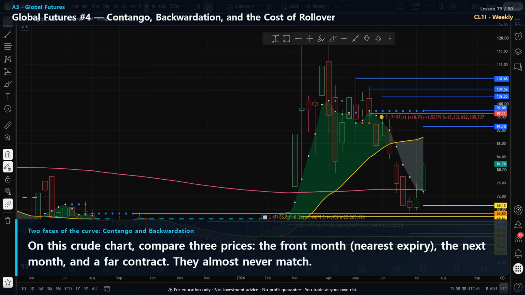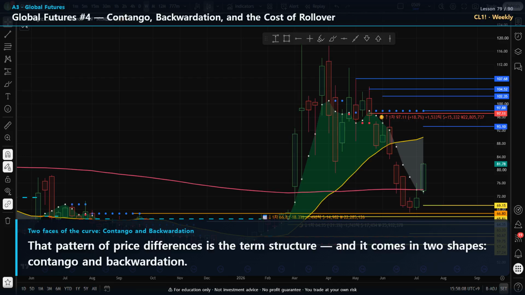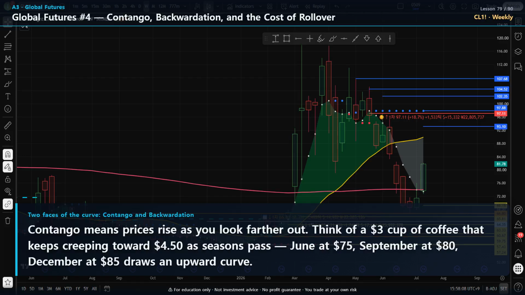On this crude chart, compare three prices: the front month, nearest expiry, the next month, and a far contract. They almost never match. That pattern of price differences is the term structure, and it comes in two shapes: contango and backwardation. Contango means prices rise as you look farther out.